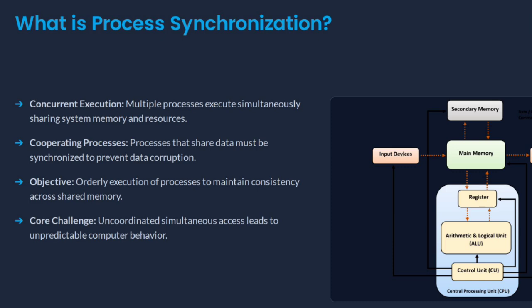Independent processes do not share memory, but cooperative processes share data, memory, or resources. When multiple processes run simultaneously, we risk data corruption. That is why we need process synchronization: to coordinate their execution and keep data consistent.